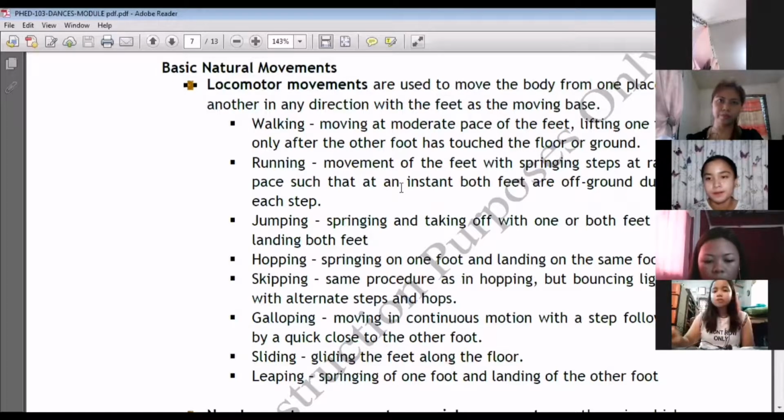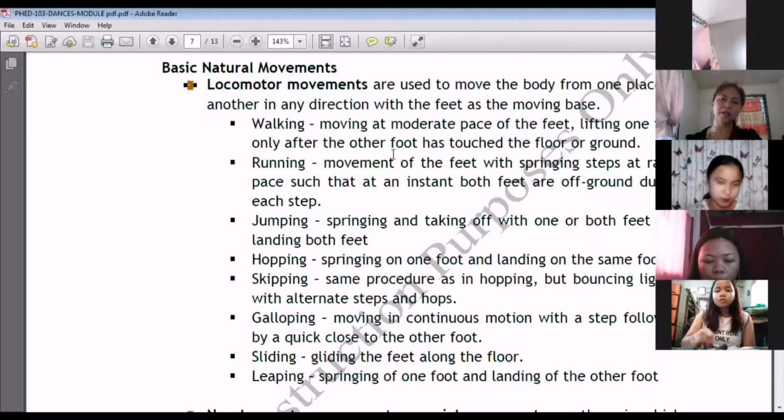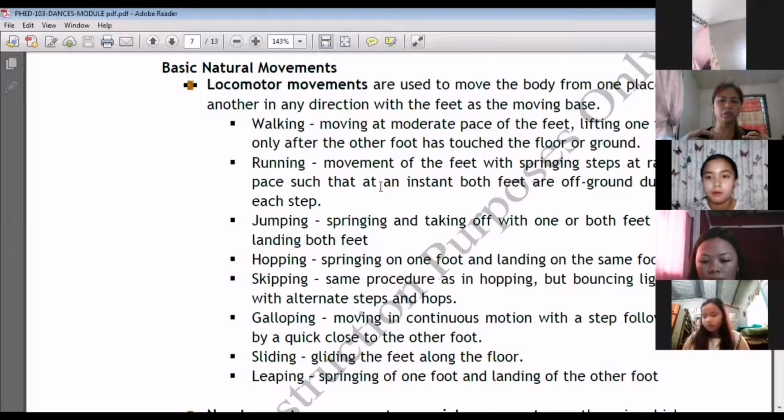direction also. Okay. So just as stated here in our lesson, the simple definition is when you execute locomotor movements, you are moving from one place to another in any direction with our feet as our pivot or our base.